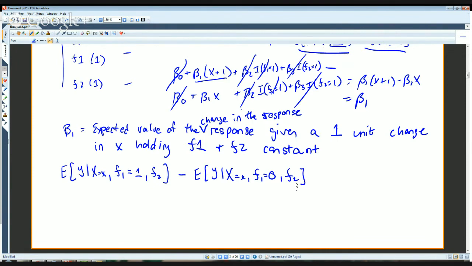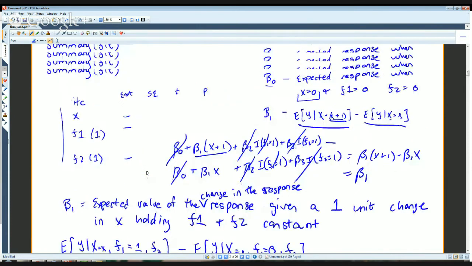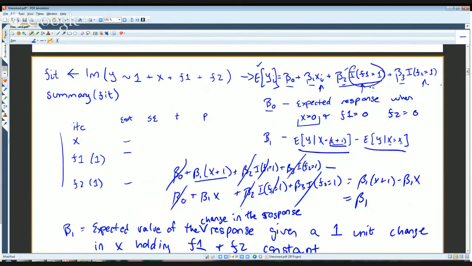Okay? I'm going to plug in for this guy right here, and I get beta naught plus beta 1 x plus, in this case, factor level 1 is 1. So this indicator, what I just wrote out as an indicator function there, that's 1.